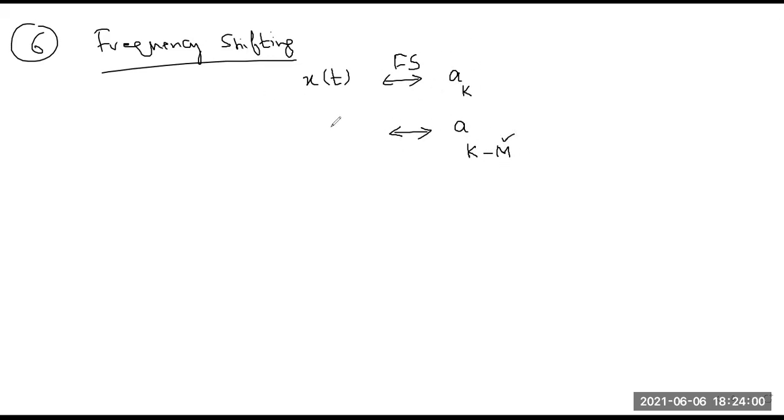And now the question is, what is going to happen to the signal in the time domain? Let's find out what this signal is. In other words, if a k is the Fourier series coefficient of x of t, what type of signal will have this Fourier coefficient, a k but shifted by some frequency m? We can easily find this with a simple proof.